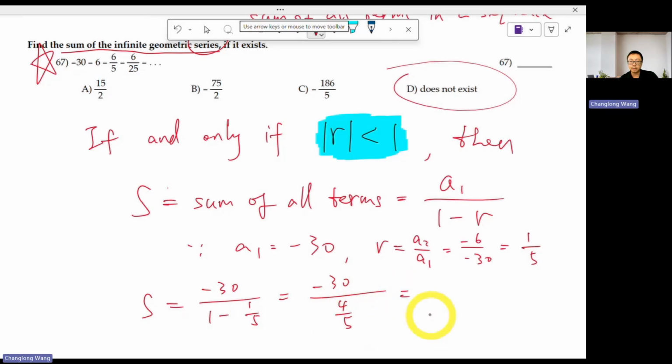Okay, and somehow it's not going to work on my last number. Say 67, letter B, it'll be negative 75 over 2. Okay, but again, no need to do the mental math.